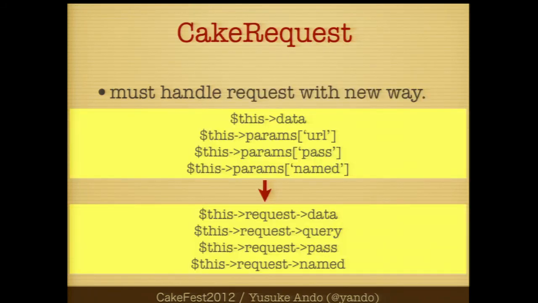And CakeRequest is a new way to handle data from request, and I think this is just a replacing thing. So you need to grep your code, and if you find some old style referencing way to request, you need to just replace.